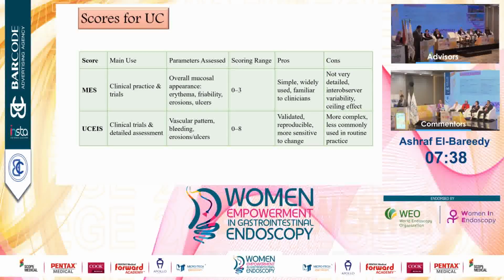The Mayo score, of course, we all know is very simple and easy to apply, and it's very familiar to endoscopists, but it's not very detailed, and it has a high ceiling effect and high inter-observer variability. In contrast, the Ulcerative Colitis Endoscopic Index of Severity is validated, much more detailed and reproducible, and more sensitive to change, but it's more complex and less commonly used in routine daily clinical practice.